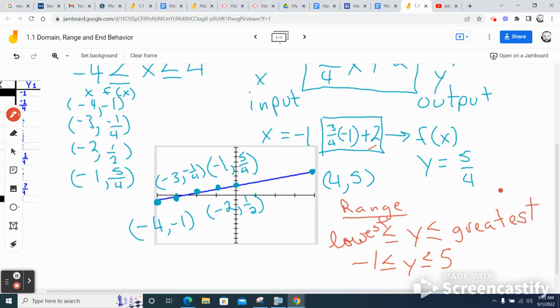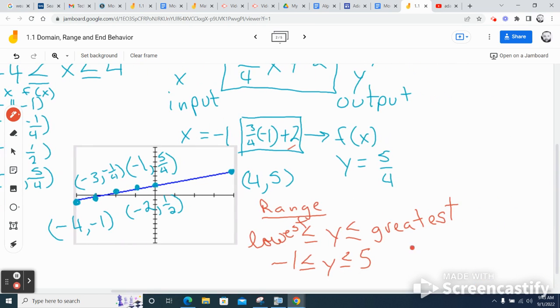So the other thing that we could list is what we call the interval notation. So we could say that our range goes from -1, comma, to 5. Those are brackets. That last one doesn't look like the greatest bracket, but a bracket just means we're including those numbers. Okay?